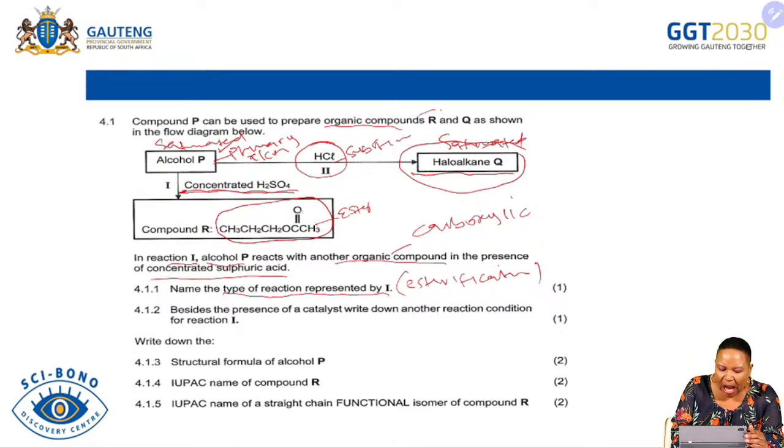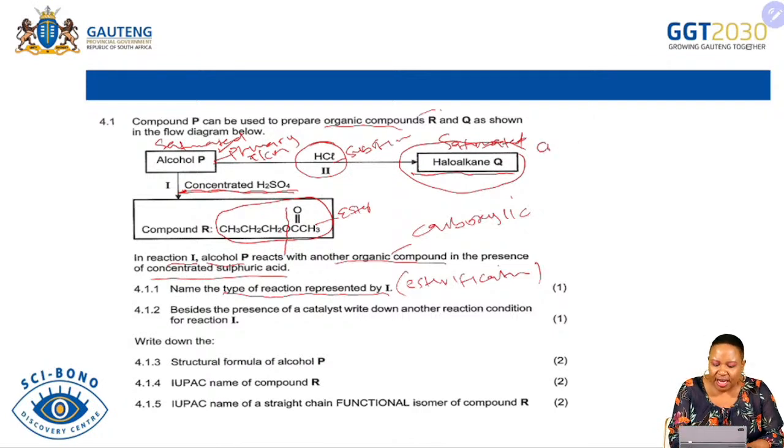Now let's look at our ester. This ester can assist us to identify the alcohol and the carboxylic acid that reacted, because when you look at it, it is condensed. I always say you take this oxygen and make sure that it separates these two sides, the side of the alcohol and the side of the acid.